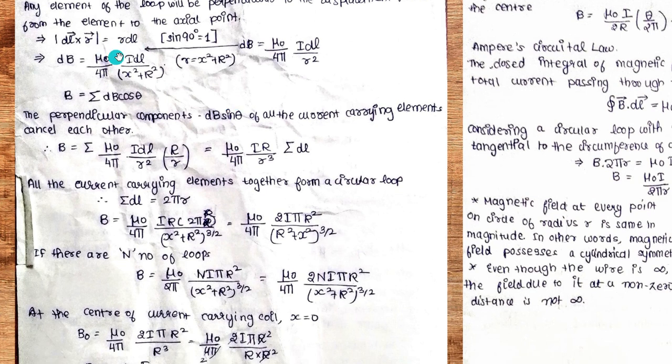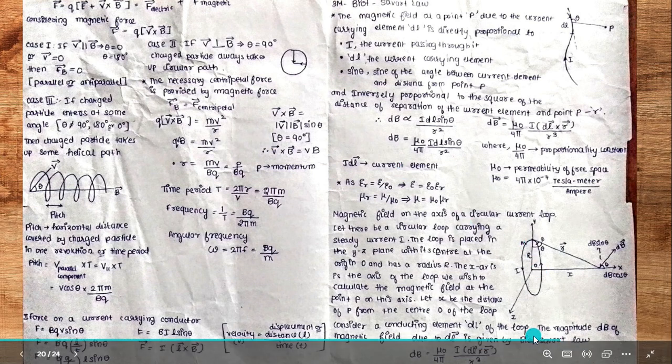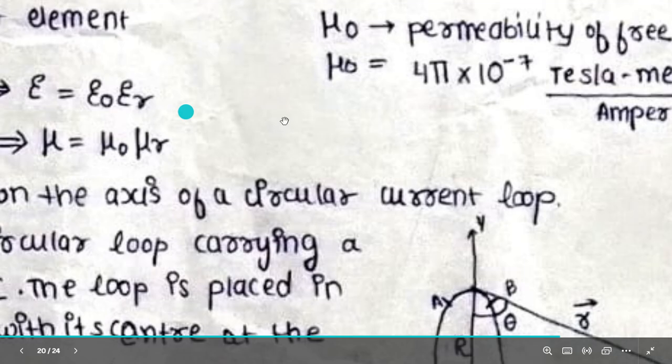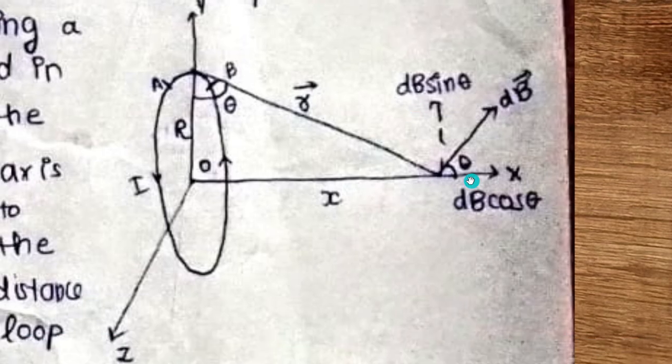Now this is for a small current carrying element. What is the total magnetic field because of the current carrying loop? It is the summation of dB cos theta. Why only the cos theta component? Check the diagram again. This is the cos theta component.